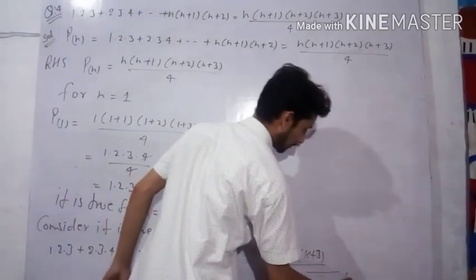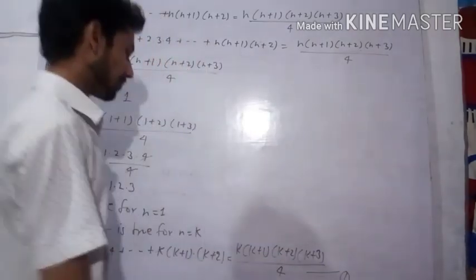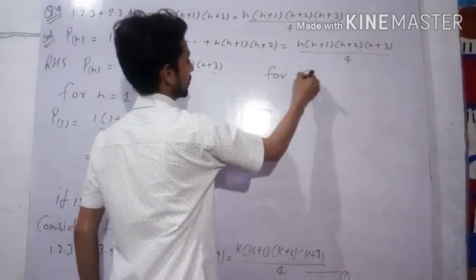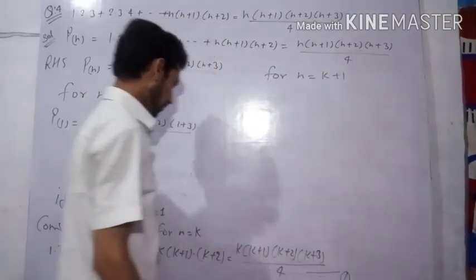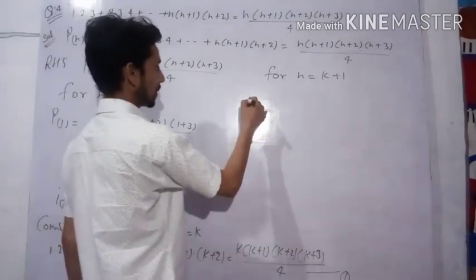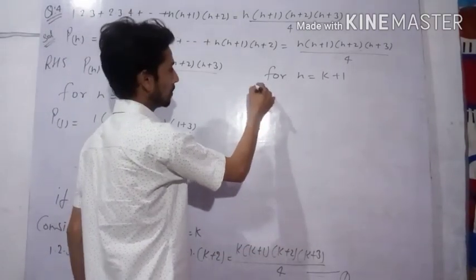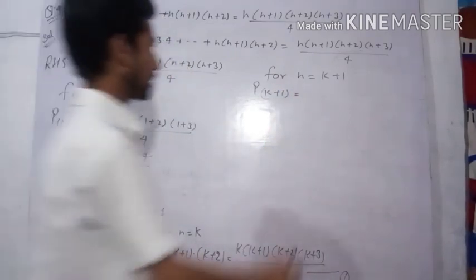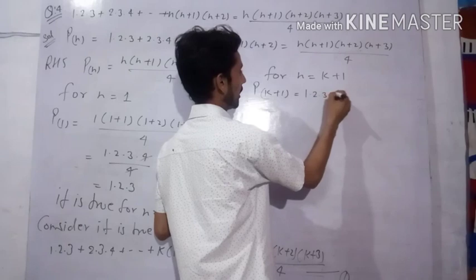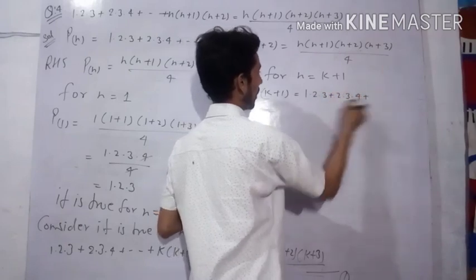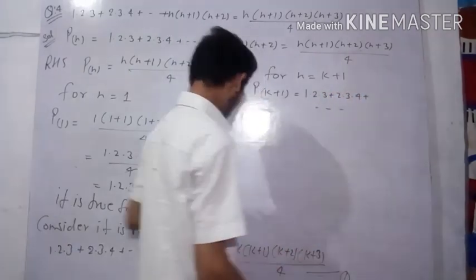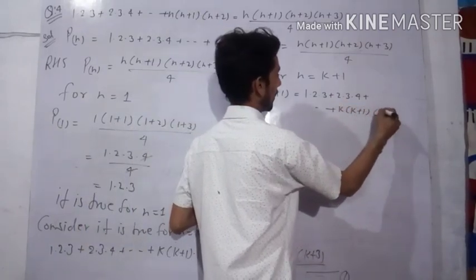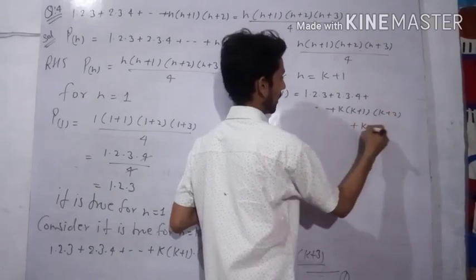Now for n equals k plus 1, P(k+1) is equal to 1.2.3 + 2.3.4 + ... + k(k+1)(k+2) + (k+1)(k+2)(k+3).